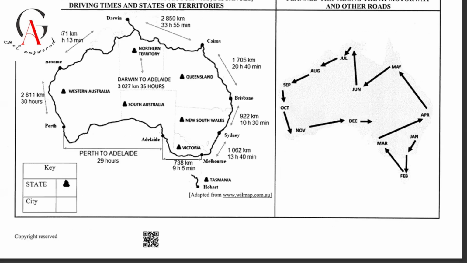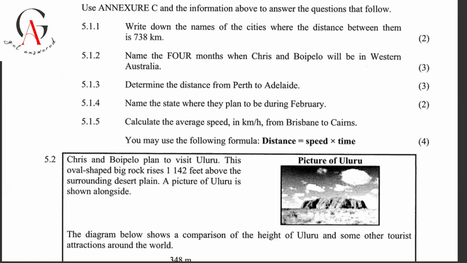So we look at all these distances. The distance was here between Melbourne and Adelaide. So here it's supposed to be Melbourne.